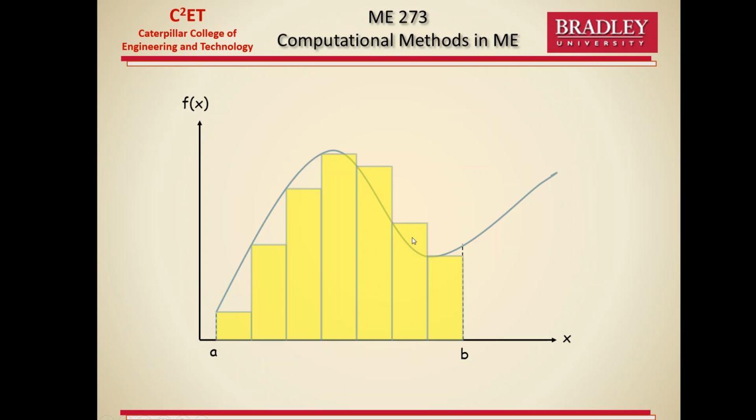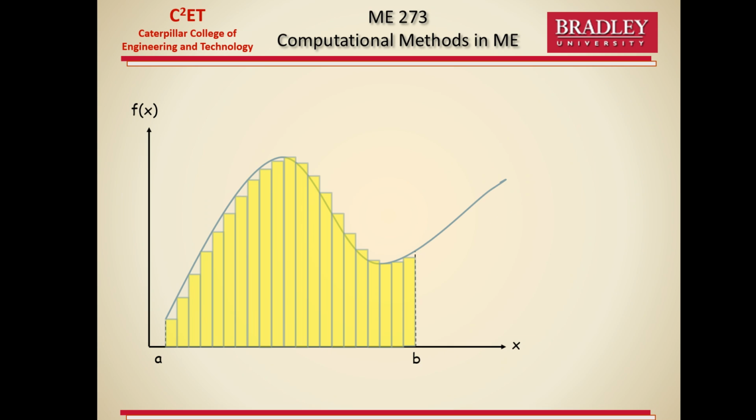This blue line is that same function we had. You can see that it's perhaps not a very good representation of the area under the curve, but it's not too bad either. We can do a little better if we use more rectangles, and of course if we're going to use more rectangles and make them fit between the limits of a and b, we'll need a lot more, as you can see in this slide, where you can count these and see how many I have.